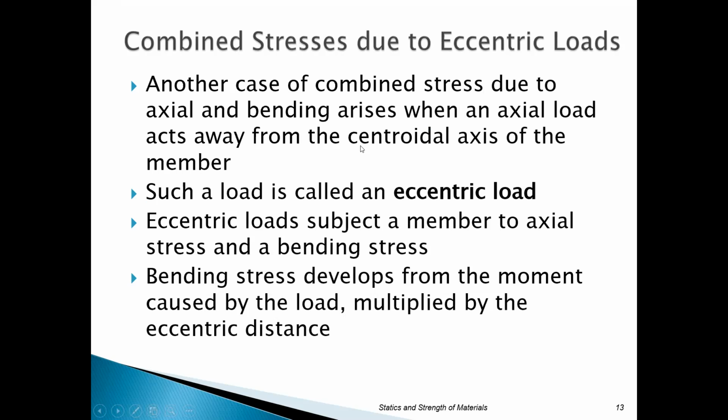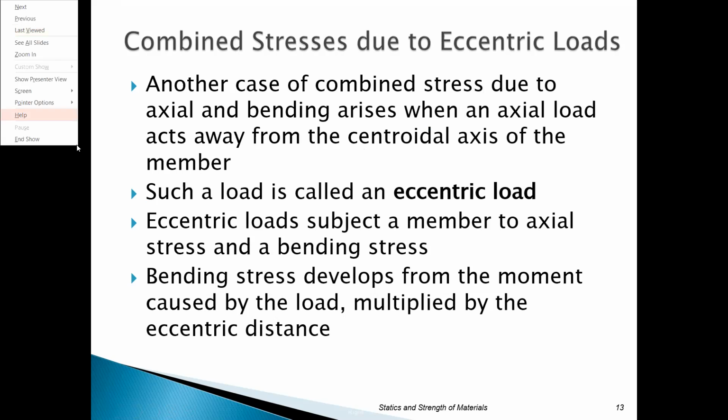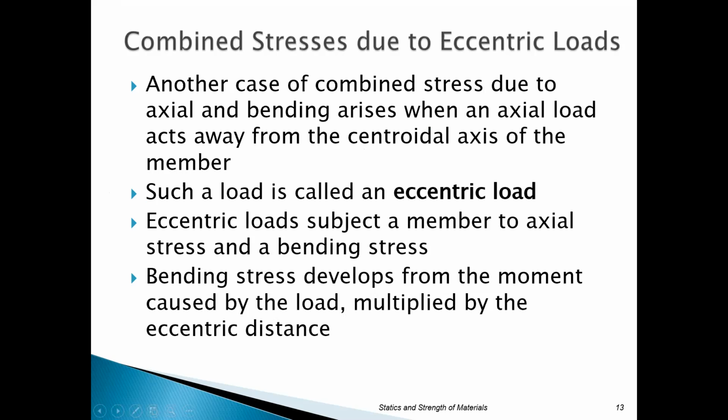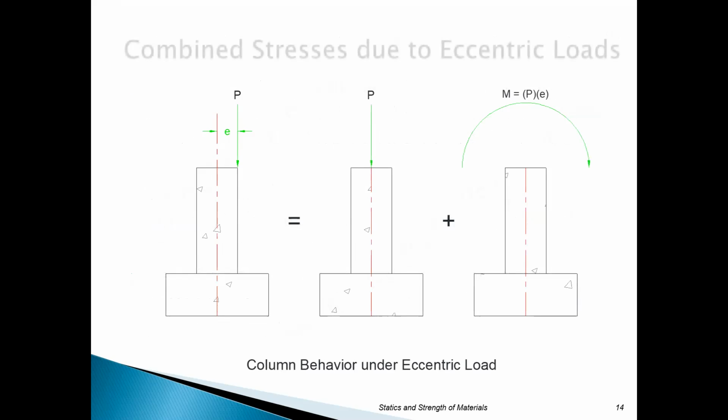You may have two moments, one due to the load itself on a beam, and one due to the eccentric load. So you may end up having an axial stress and then two bending stresses. It depends on what your loading is. This is an example of a case where you would have an eccentric load on this column, and you notice there is an eccentric load right here.